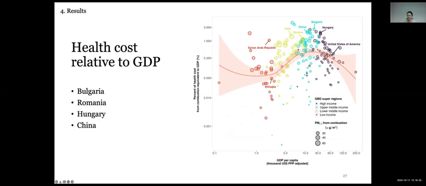Basically, you can see that the upper middle income countries tend to have a larger percentage of health costs relative to their national GDP. It means that these countries are sort of trading their environmental quality and public health for economic development. These countries include Bulgaria, Romania, Hungary, and China. So these countries are experiencing a larger percentage of health costs relative to GDP.